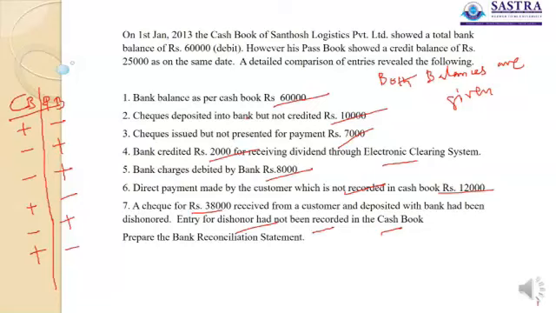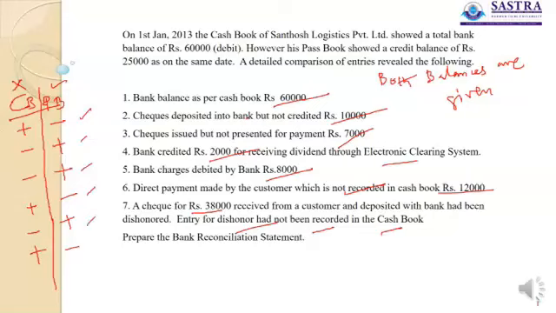So according to the symbolization, you take all the transactions here, and as per the symbols, you put the transactions into the statement. What is here? Cash book, which is not required, and what is required now? The passbook. So go to passbook and see the symbols of the passbook, according to which the first transaction is deducted, second is added, third is added, fourth is deducted, fifth is added, and the sixth is deducted.